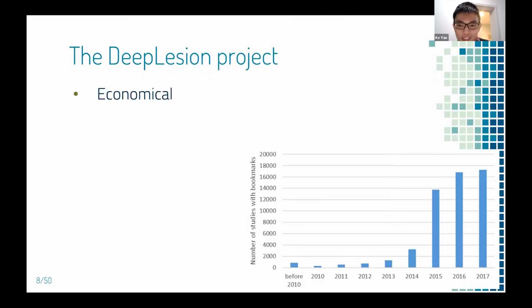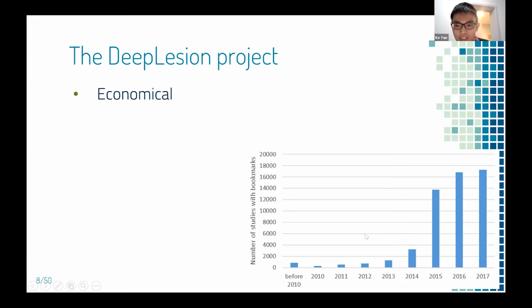This project has been ongoing. I entered NIH in 2017, and this kind of annotation has been collected since 2010. So there are more and more bookmarks collected in the NIH PACS system.